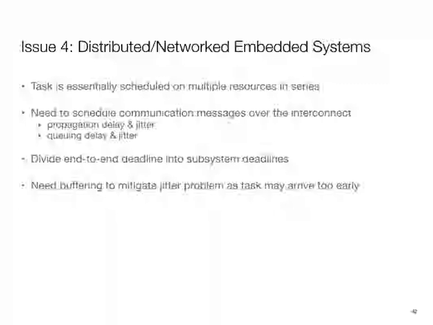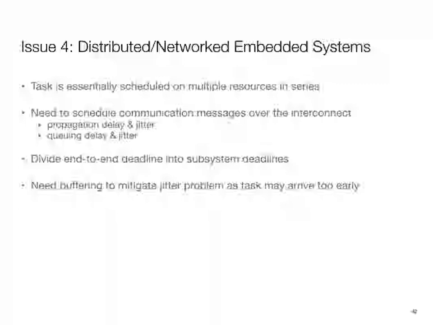So propagation delay is just the time of flight for the bits, and queuing delay is that at a variety of intermediate nodes, a packet may face a delay to be processed because there was other traffic there.